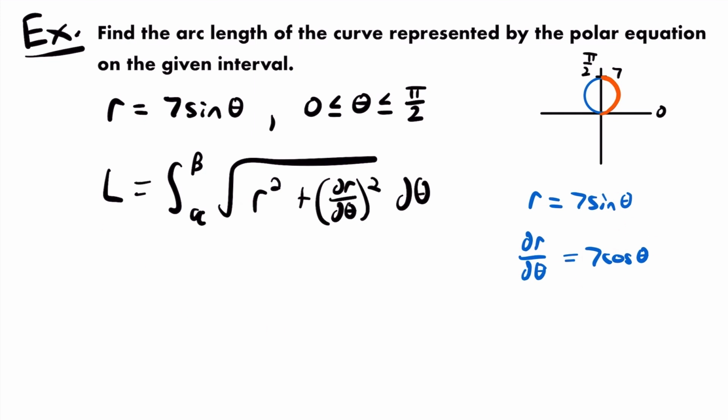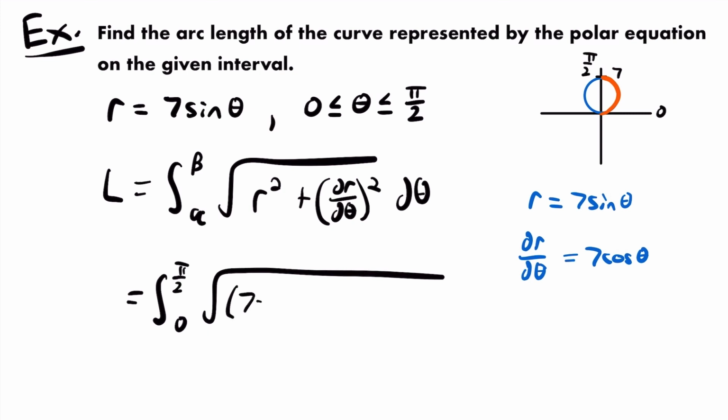If we replace r and dr d theta with what they're equal to, and replace our bounds of integration with 0 and pi divided by 2, we will have that this is equal to the integral from 0 to pi divided by 2 of the square root of r squared, so we'll have 7 times sine theta squared plus dr d theta squared, so we'll have 7 times cosine theta squared d theta.